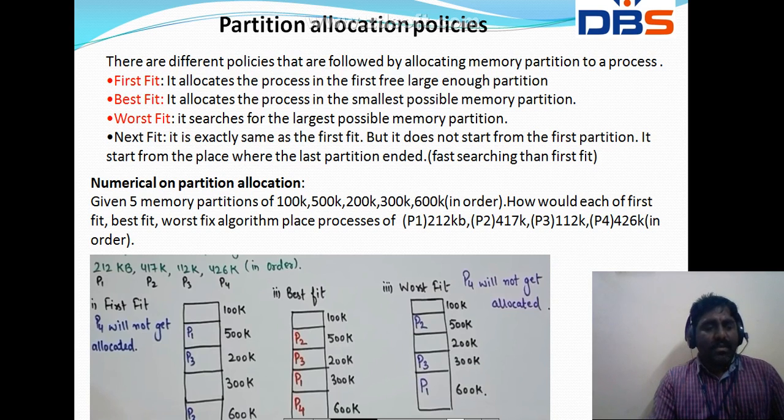The processes are P1 of size 212, P2 of size 417, P3 of size 112, P4 of size 426. How do we store them using first fit, best fit, worst fit?